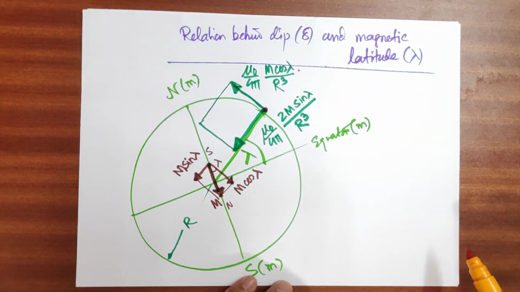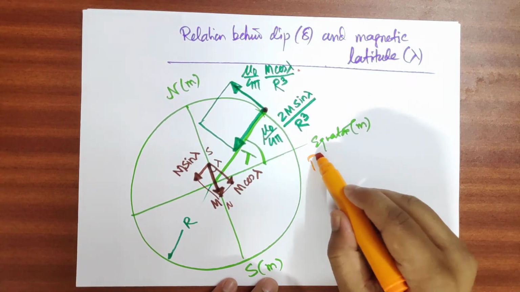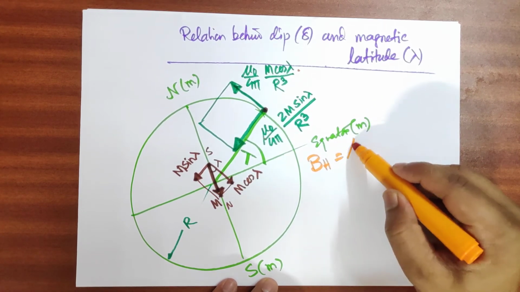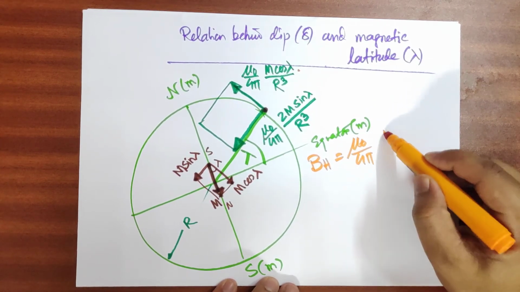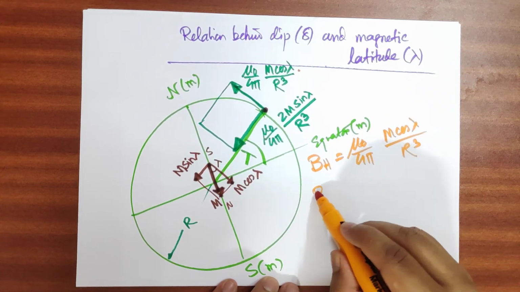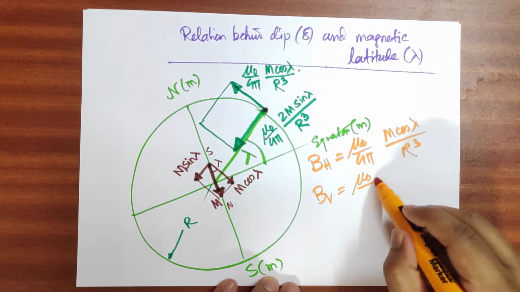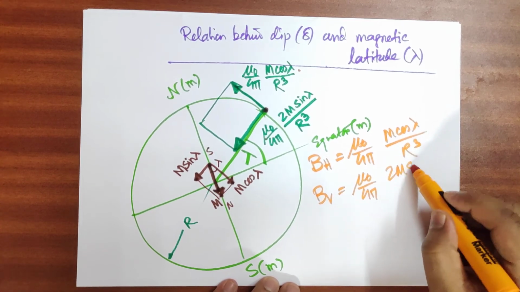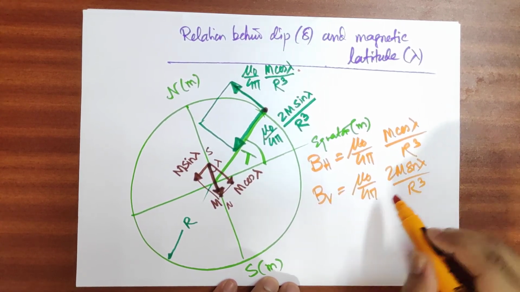Vertical means towards the center of the Earth. Horizontal means tangent to the surface of the Earth. So BH I can write mu 0 by 4 pi M cos lambda by r cube, and BV is mu 0 by 4 pi 2M sin lambda by r cube.